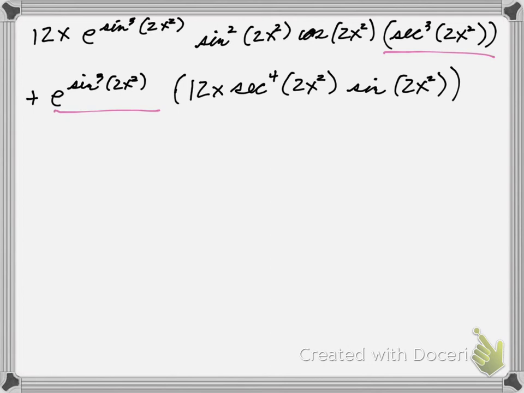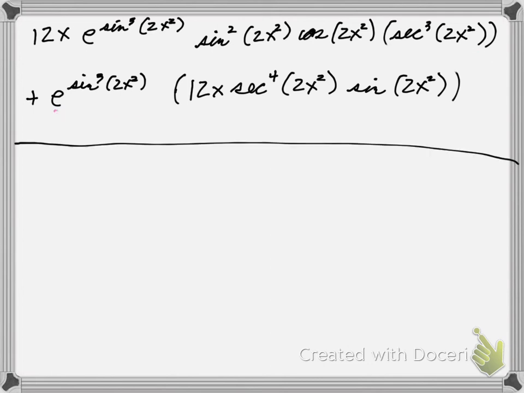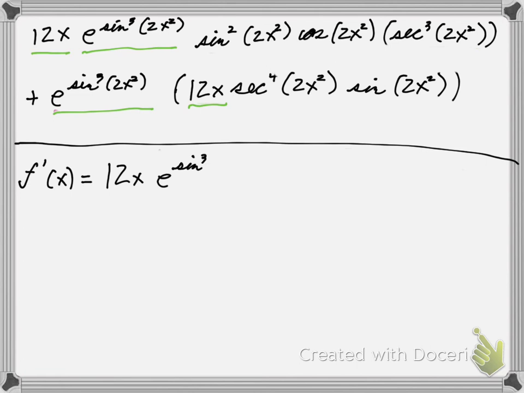What we need to do is simplify this as much as we can, because you have two terms here, and you can factor out 12x from both, and you can also factor out e to the sine cubed of 2x squared from both. And so factoring these out, we find that the derivative of f of x is equal to 12x e to the power of sine cubed of 2x squared times, and what we have left is sine squared of 2x squared times cosine of 2x squared times secant cubed of 2x squared.